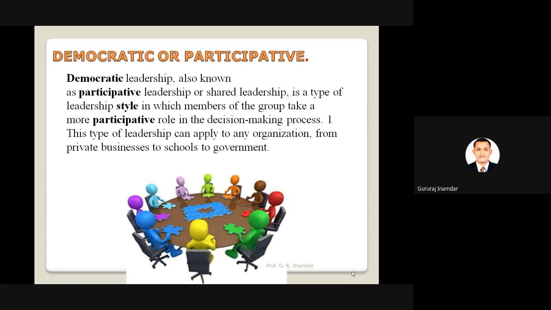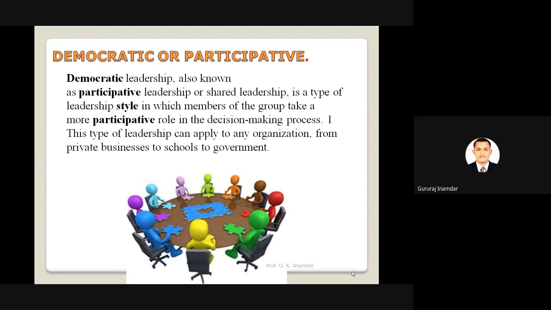Democratic or participative leadership is a type of leadership style in which members of the group take a more participative role in decision making, as the name suggests. The decision will be taken with the help of group discussion, brainstorming and different inputs.